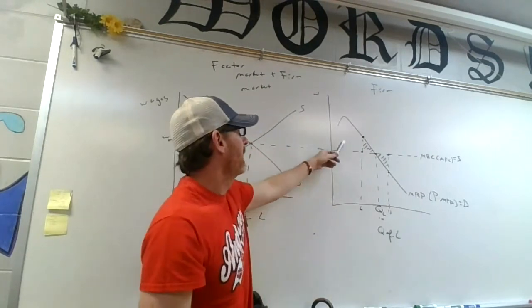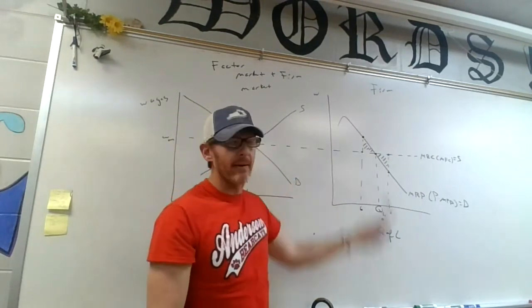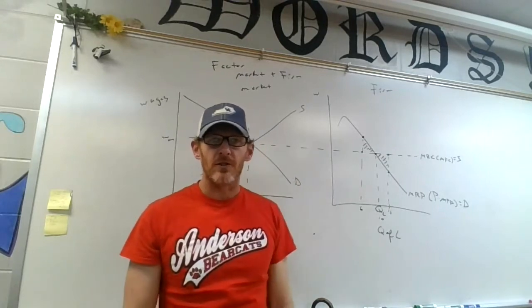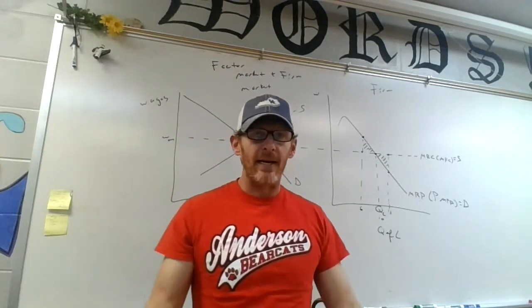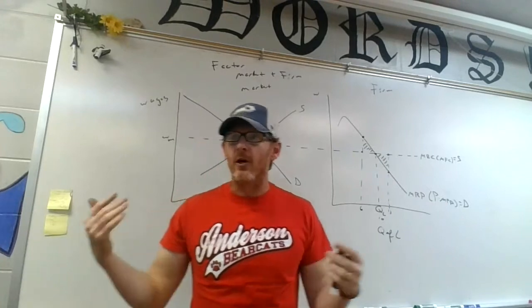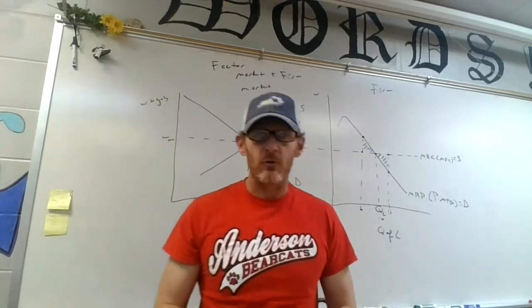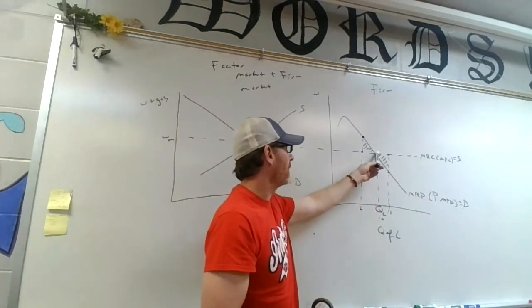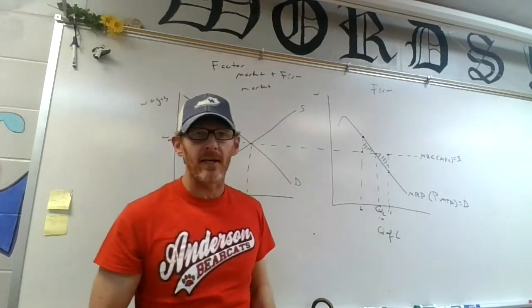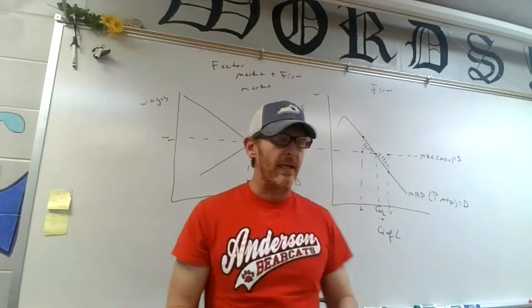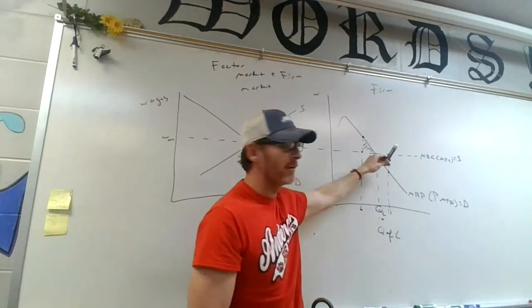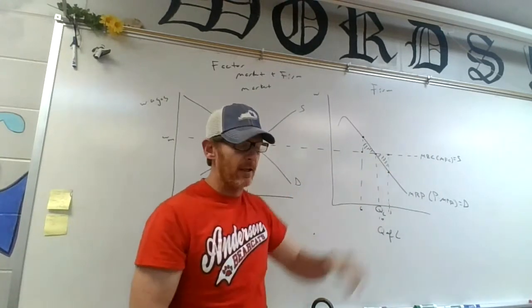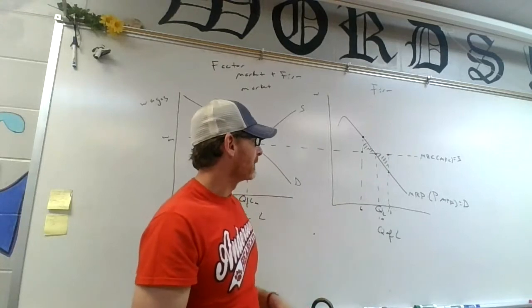Up here, maybe the cost of the labor or of the resource is $100,000, but they're bringing in $120,000. So that worker's bringing in $20,000 worth of profit. So we want to hire where MRC hits MRP, or as close to it as we can on this side of it. You'd rather make a little bit extra profit than a little bit less loss. So that's what happens with that.